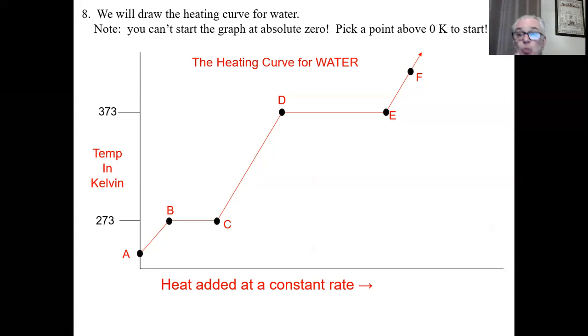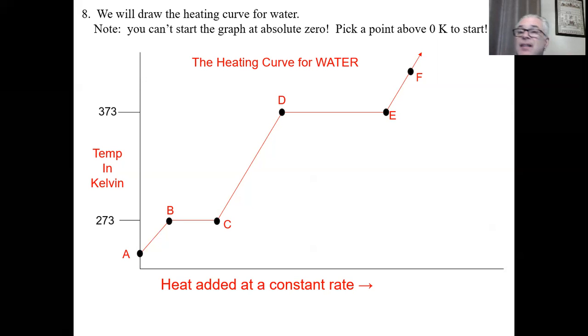You'd have to change that word water to gold. And those two temperatures, 273 and 373, well, gold doesn't melt at 273 or boil at 373. You have to look those temperatures up on table S. But if you change those two temperatures and you change the title, the gold heating curve looks exactly like this. Every heating curve looks exactly the same.